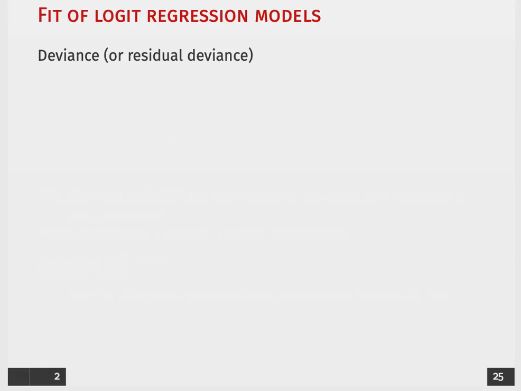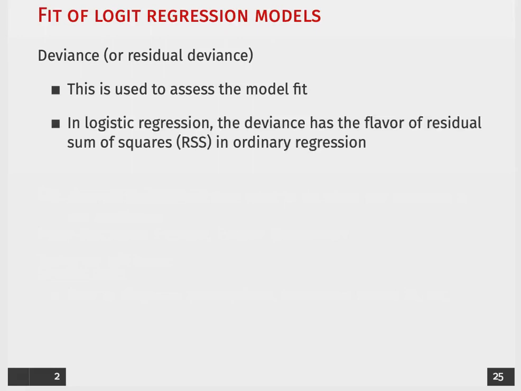So again, just to review what we're going to be using, instead of an AIC or a BIC, we are going to be using the deviance or the residual deviance to assess our model fit. And this is going to take on a very similar flavor as the residual sum of squares did in our OLS situation, in the sense that a smaller deviance indicates a better fit, right?